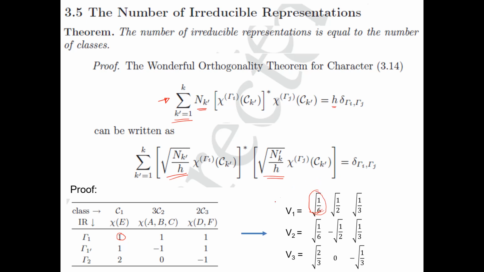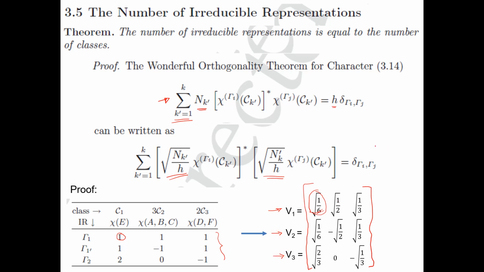Okay. So what is interesting here is that when I do this, the character table can be written as a matrix, a 3 by 3 matrix, like this one. And each row of this matrix, you can think of as a vector. You have 3 rows, and then we have 3 vectors, v1, v2, and v3.